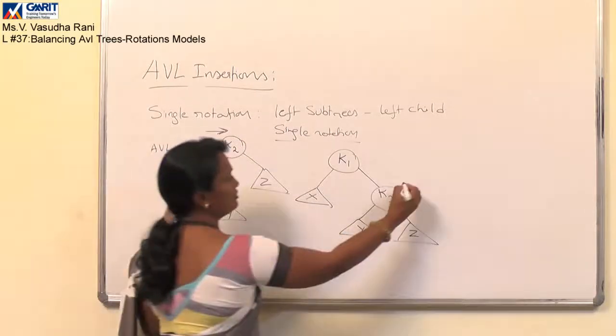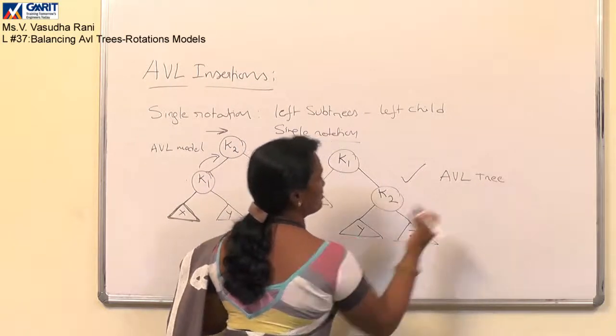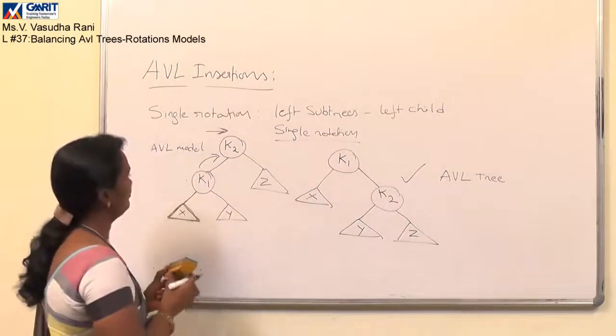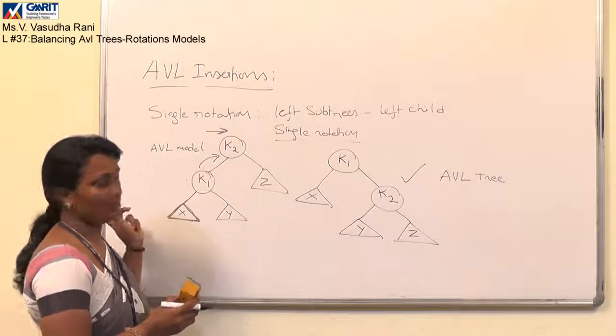So this is the resultant AVL tree model. For single rotation, it is left subtree, left child.